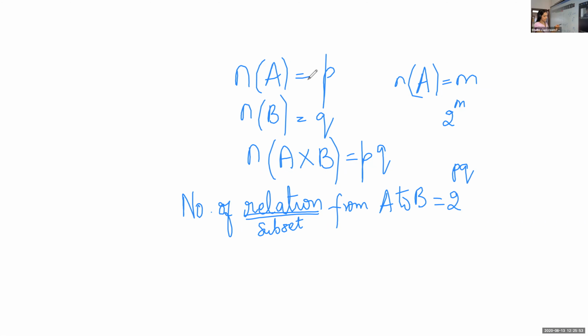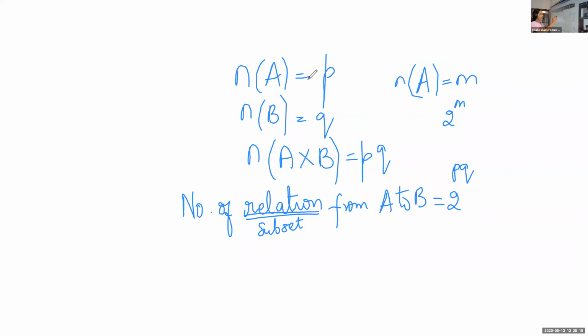Because A cross B is the set containing PQ elements. We are defining the subsets of A cross B. So, it will contain 2 raised to PQ elements. Okay.